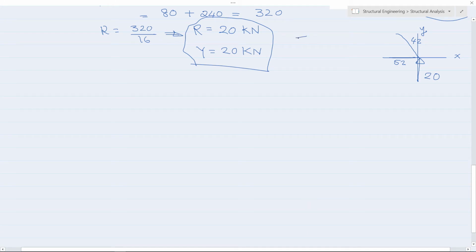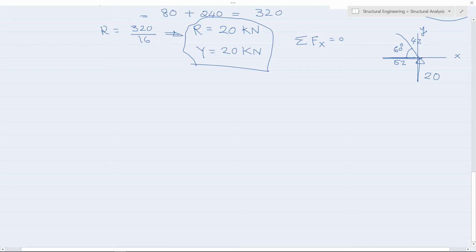Here, if we apply sigma Fx equals 0, since all the sides were equal, this will be 60 degrees.